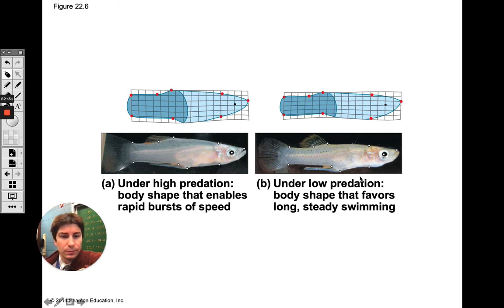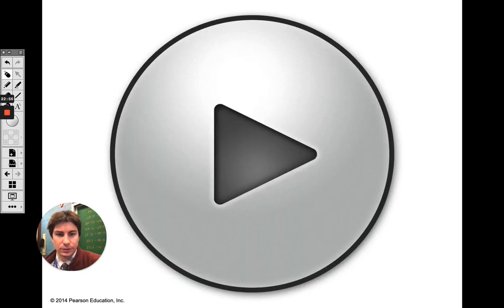The other one over here is able to swim for a long time, but it's not able to go real fast. Why? Well, some of them got preyed on, some of them did not. If they get preyed on, they want to be able to swim very fast, maybe not for a long time, but just long enough to get away. This one over here, under low predation, is just going to casually take its time swimming here and there, and so on and so forth.